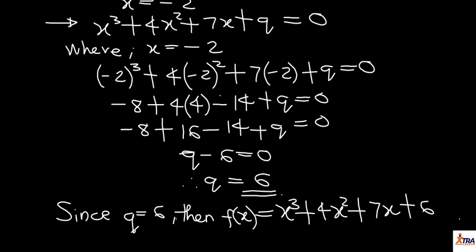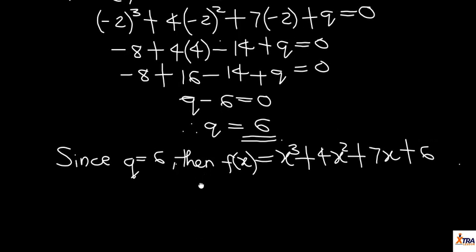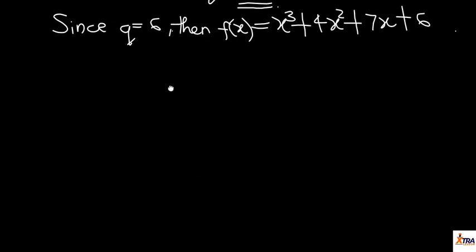So this will now become the new polynomial. That is, we have gotten a value of q, and we no more need it in our polynomial. But the next thing we have to do is to express this polynomial f of x as a product of two factors, that is one linear and one quadratic. Now, how do we do that?